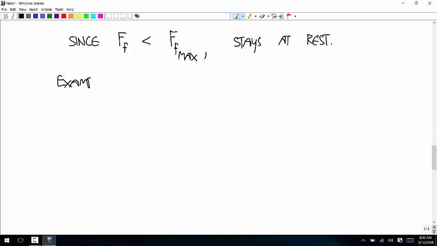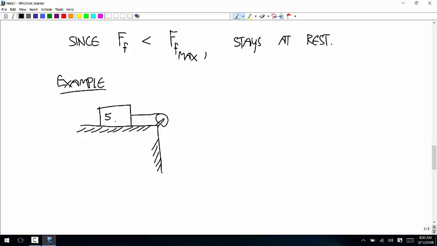Let's do one more. Okay, so let's say we have this 5 kilogram mass on a surface connected by a cable and a pulley to a 3 kilogram mass.